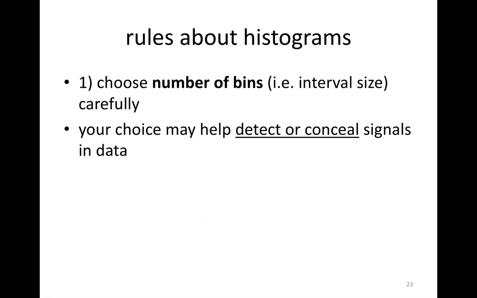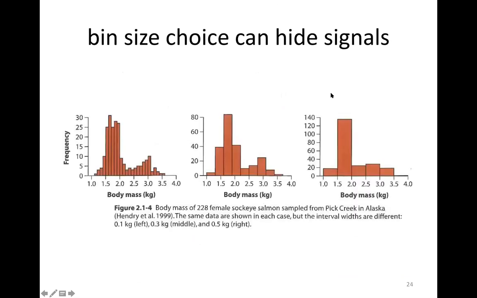Rules about histograms. Choosing the correct number of bins is something important, and we'll see how choosing bins too few or too many might cause the reader to miss signals.